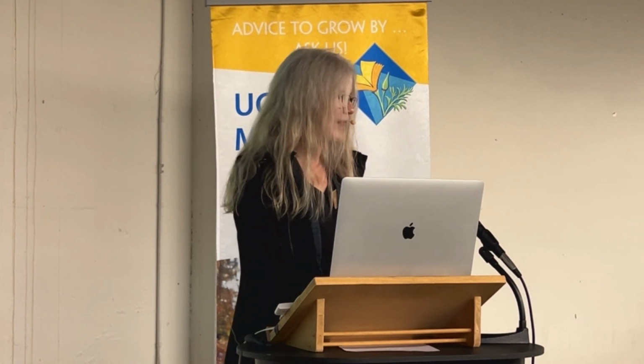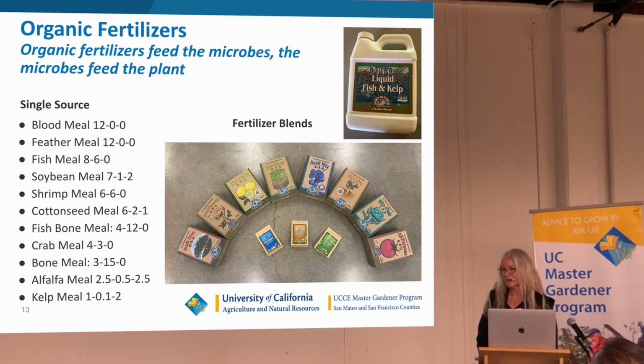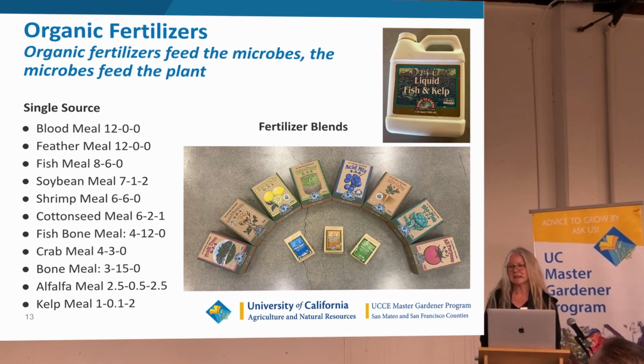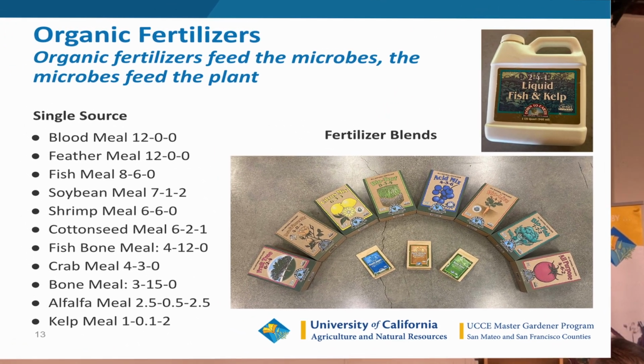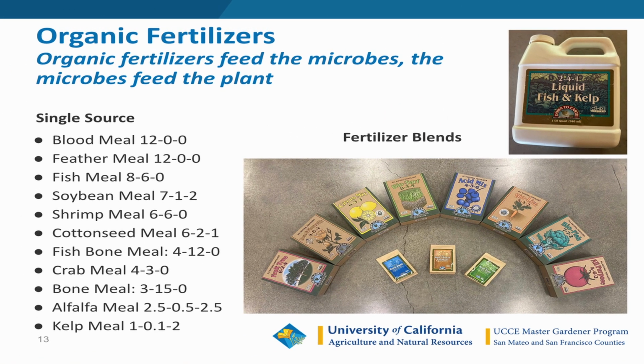Feeding your soil, remember, you're going to feed your soil, you're not going to feed your plants. You're going to let the life in the soil feed your plants. And so organic fertilizers are the best way to do that, because organic fertilizers also have carbon with them. When you use a synthetic fertilizer, it's basically a soluble nutrient.